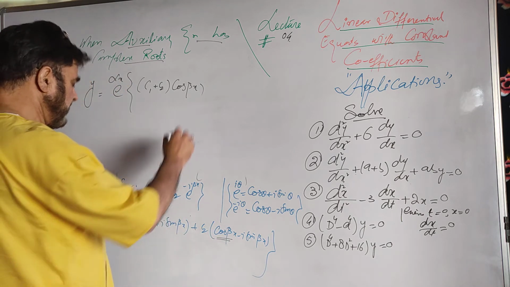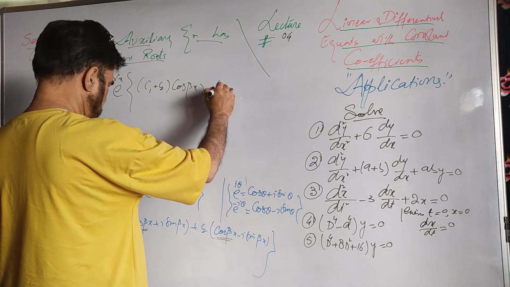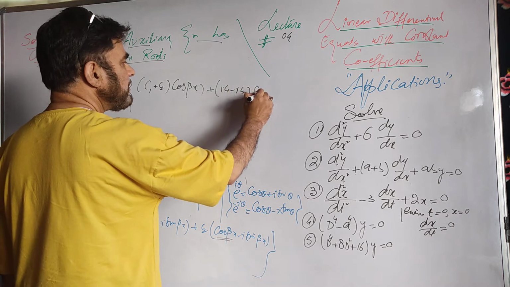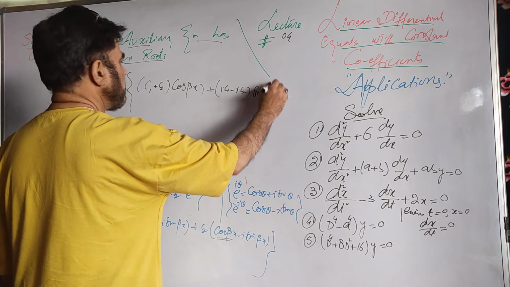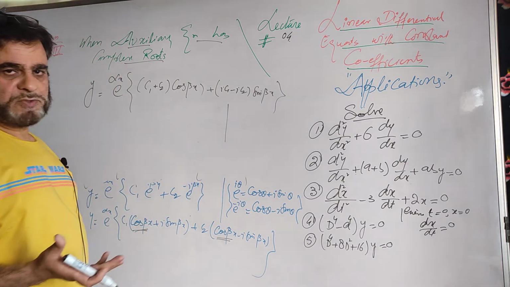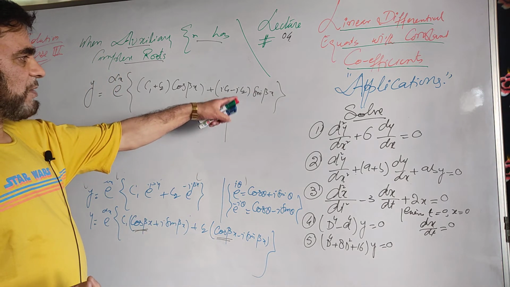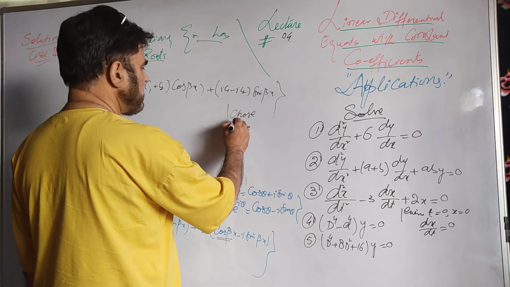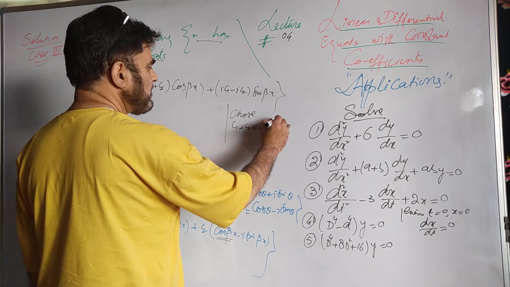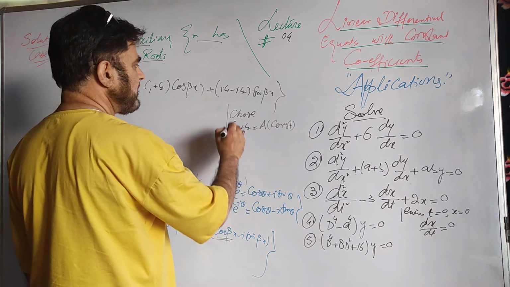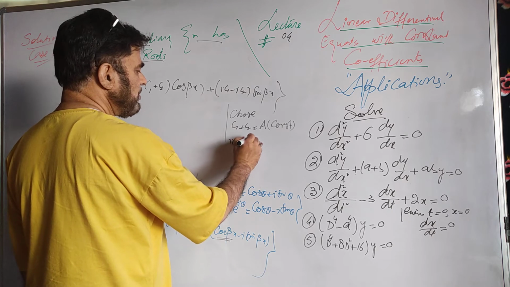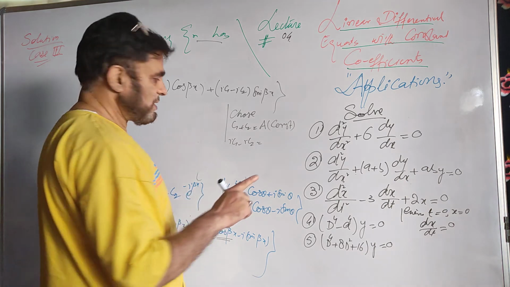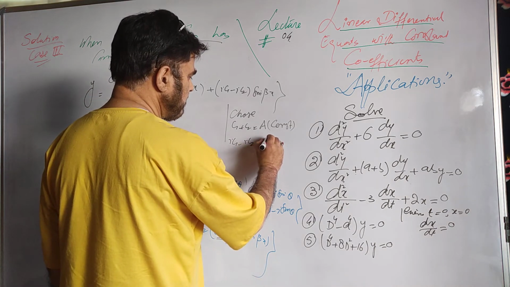Then taking sin beta x, it is plus iota c1 minus iota c2 times sine beta x. Now c1 plus c2 is also a single constant, and iota c1 minus iota c2 is also a constant. Let us choose c1 plus c2 as a, some arbitrary constant, and iota c1 minus iota c2 as b, another arbitrary constant.